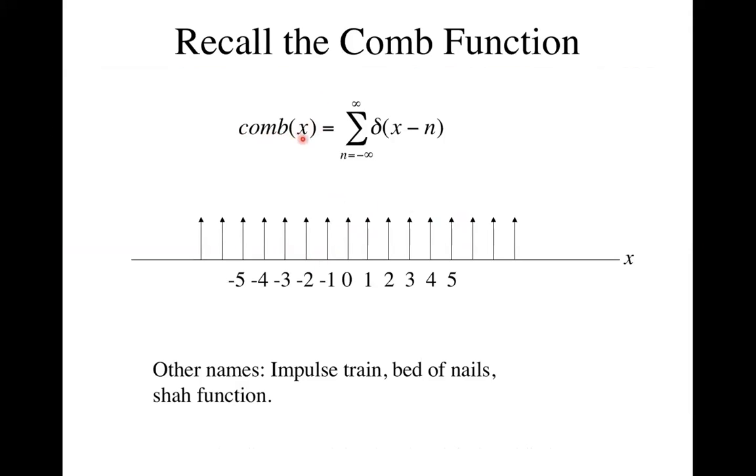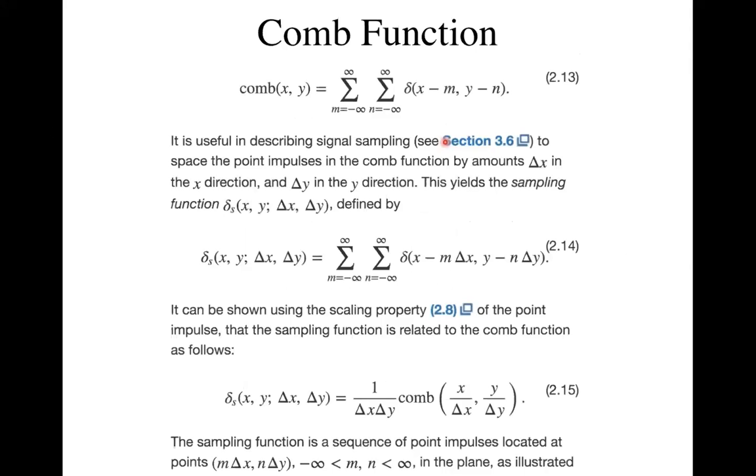If it's just comb x, then we have delta functions at the integer values 0, 1, 2, 3, 4, and -1, -2, -3, etc. And that can be written down quite simply as a sum of delta functions whose peak is shifted by an integer number.